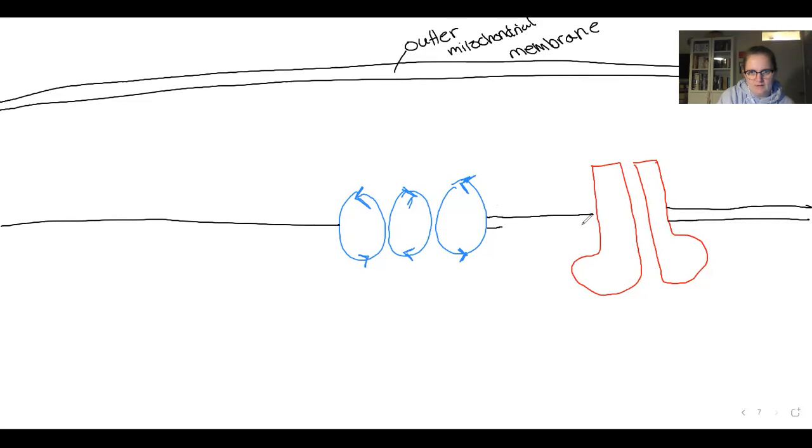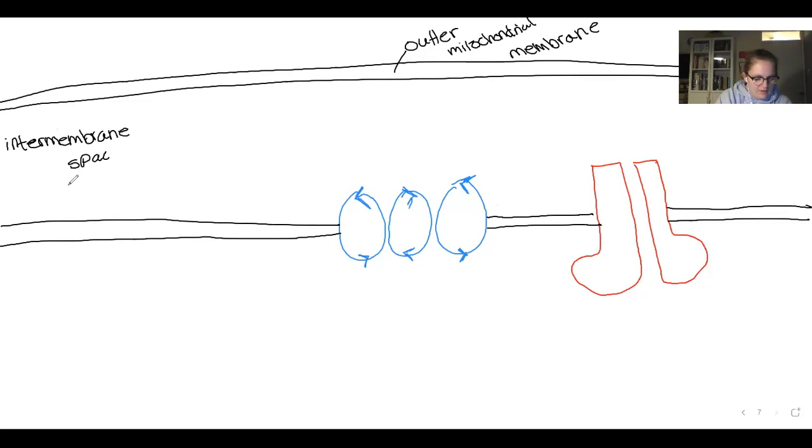So we're still inside the mitochondria at this point. That is our outer mitochondrial membrane. This area here is our intermembrane space, so we're between the membranes. This is our inner mitochondrial membrane.